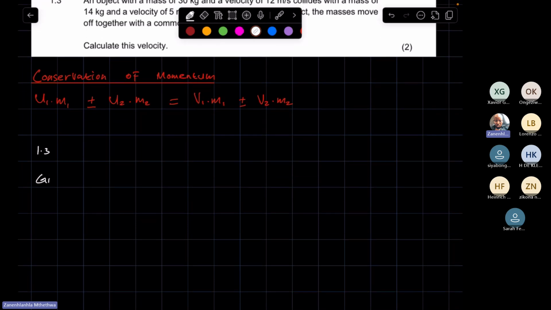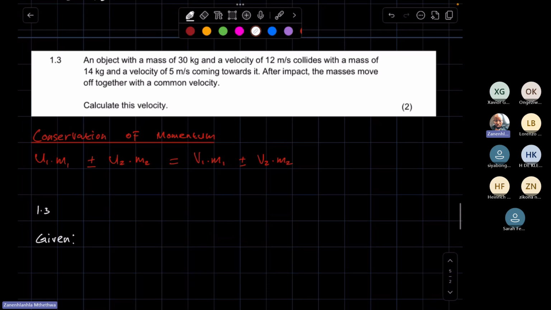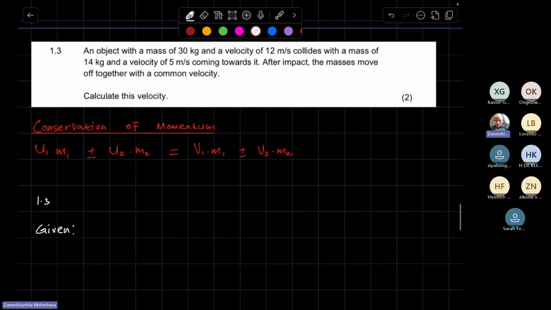And point 3, let's write down what we've been given. An object with a mass of 30 kgs and a velocity of 12 meters per second collides with a mass of 14 kgs and a velocity of 5 meters per second coming towards it. After impact, the masses move off together with a common velocity. All right. So we are going to take the 30 kg mass as 1 and the 14 kg mass as 2.